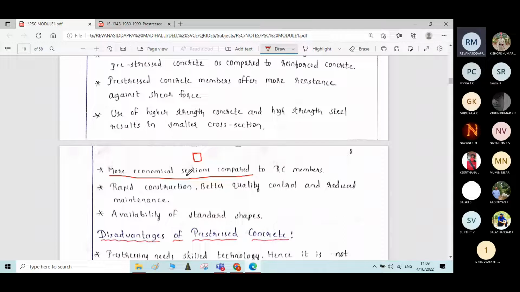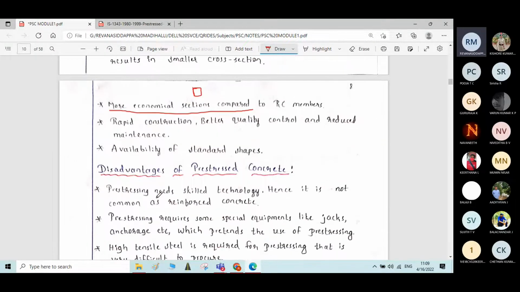When you compare the cost, PSC members will be high because the pre-tensioning system or the post-tensioning system is there, no? That itself will require higher cost. That is why it will result in higher cost compared to RC members. So, more economical section in terms of sectional dimensions, compared to RC members.